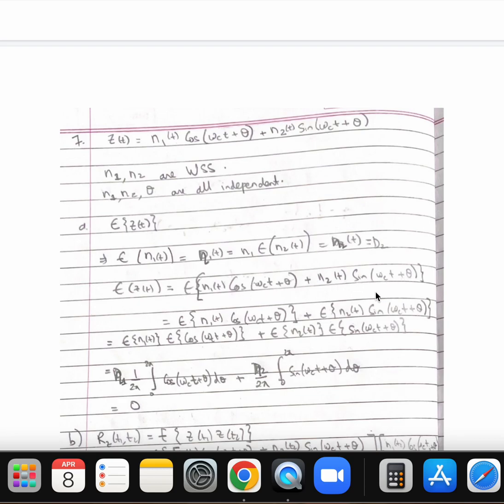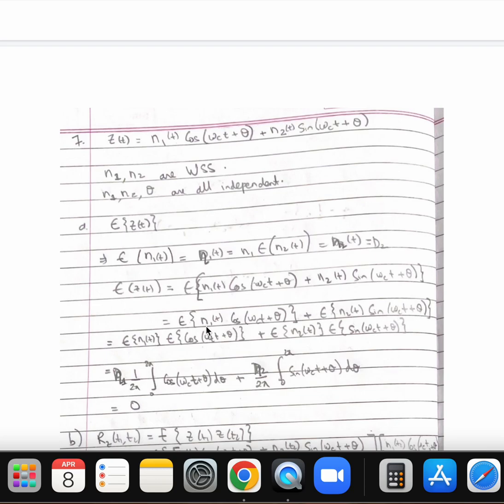Now we can split them, since eta 1, eta 2 and even theta are independent. We can split them into two separate individual expected values: the expected value of eta 1(t) cos(omega_c t + theta) plus the expected value of eta 2 sin(omega_c t + theta).